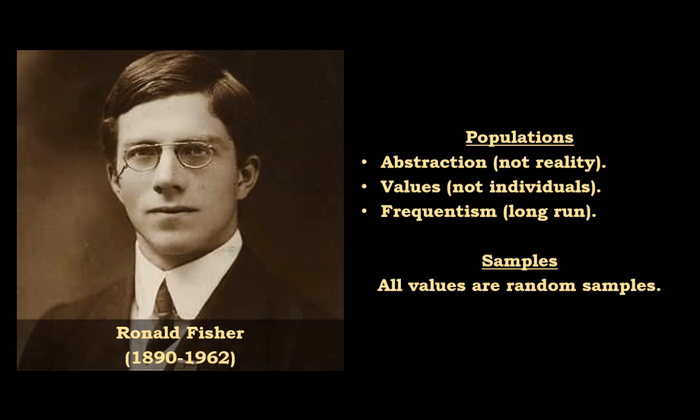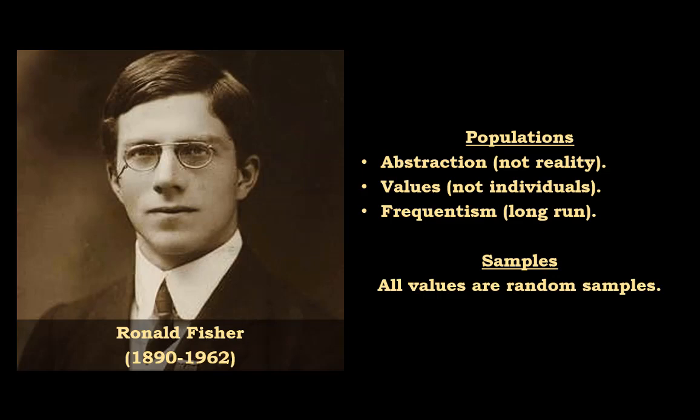He was the main proponent of one of the schools of statistics, which is the frequentist school, as opposed to the Bayesian school, which I follow. And he proposed that if you measure something towards infinity, so let's say you take the measurement of one person, and then you take the measurement of another person, and then another person, and you do that towards infinity.